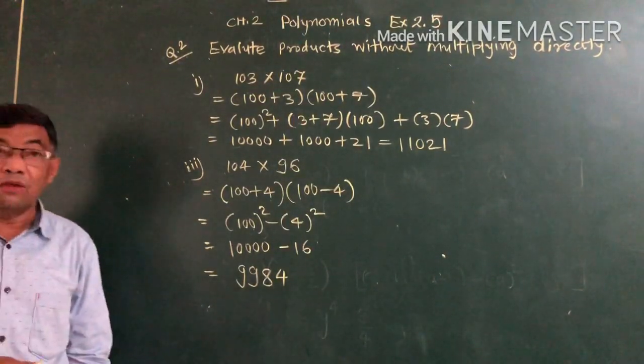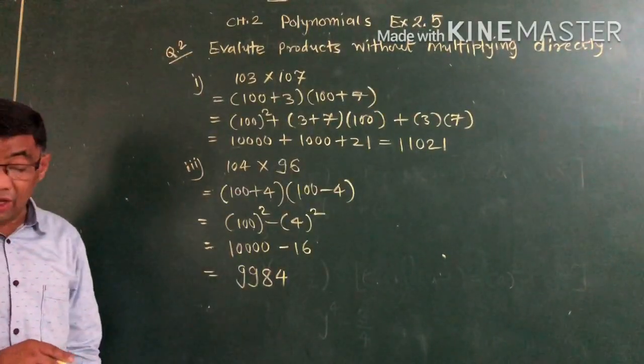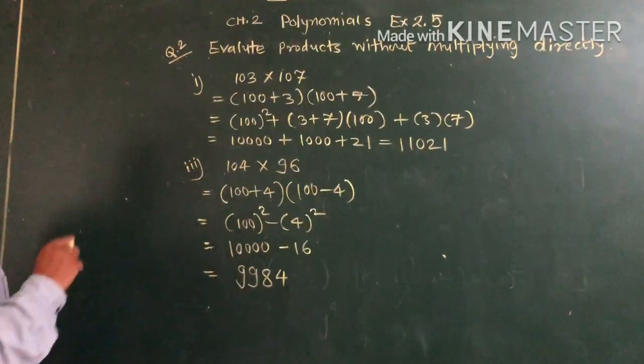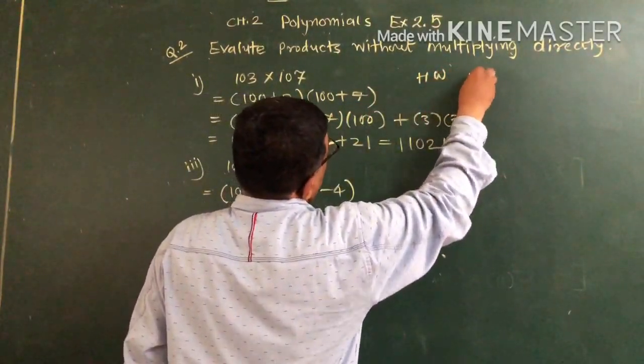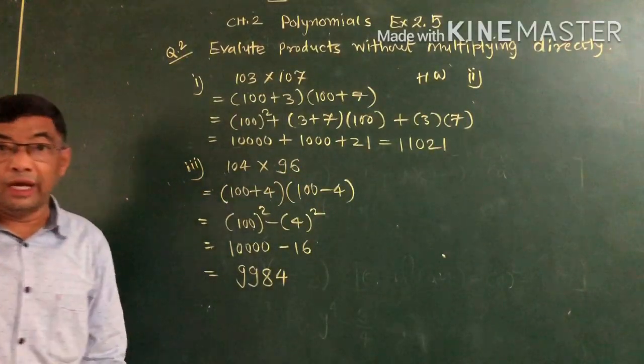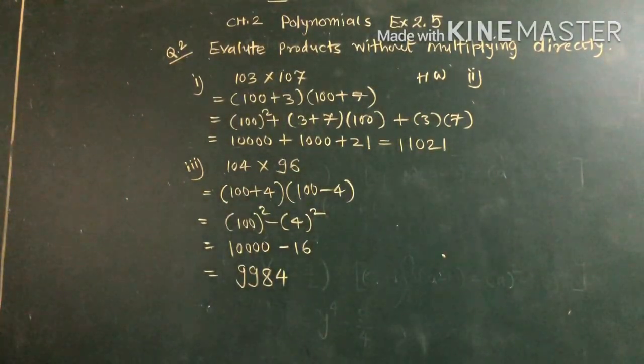This way, without directly multiplying, using the identity, we solve one. So first and third are solved. You have to solve the second one at home.